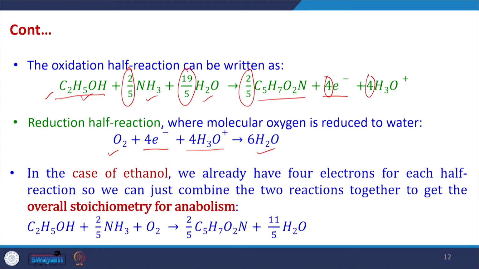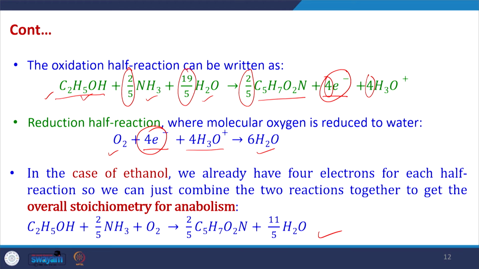If the values of 4 electrons and 4 electrons had been different, we would have multiplied either of the half reactions so as to balance the electrons on both sides, but this is not required for ethanol. So, the overall stoichiometry, by just adding together both reactions, can be written here.